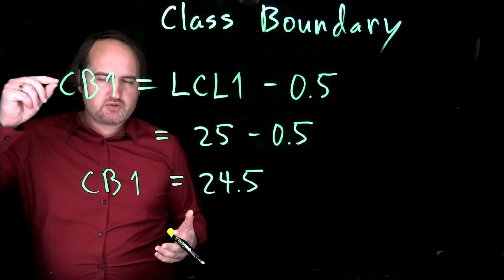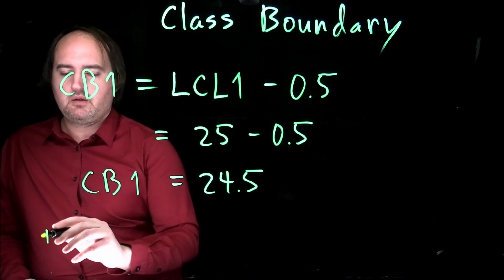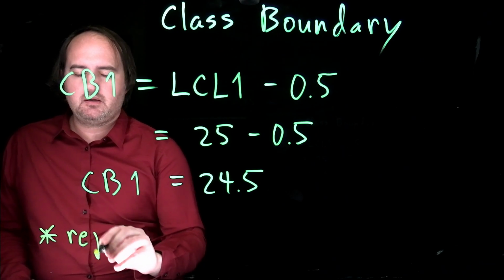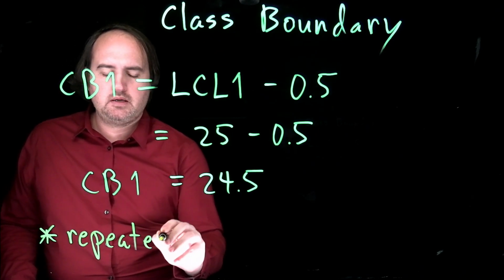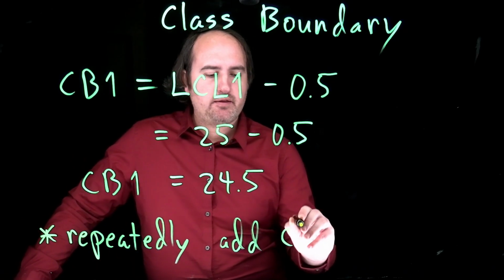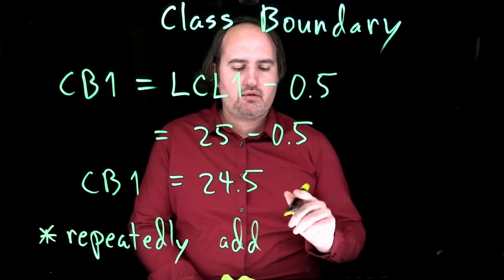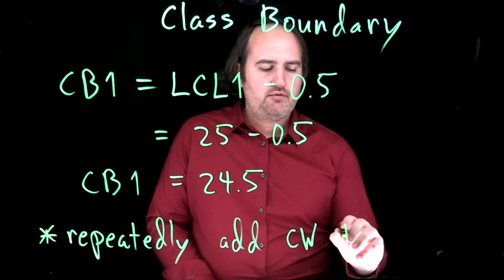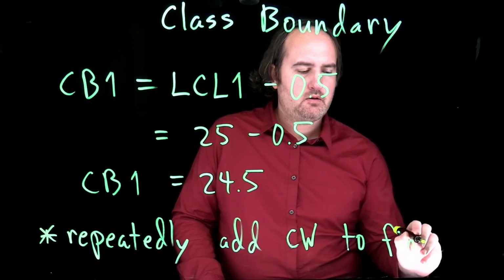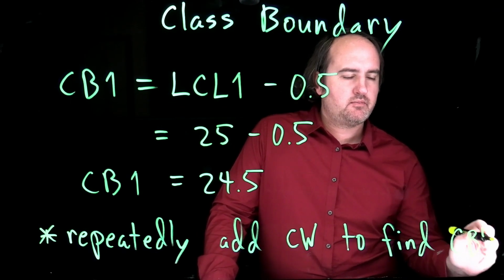You just find the first one using the formula, and then to get the rest of them, you repeatedly add the class width to find all of the other class boundaries.